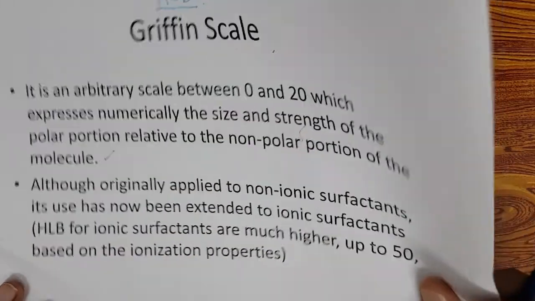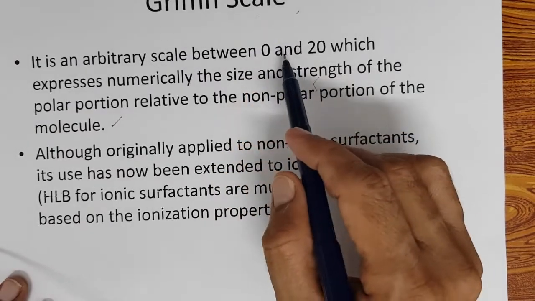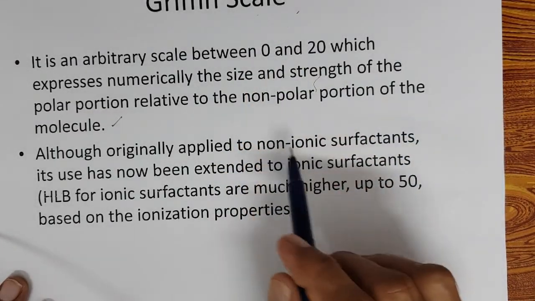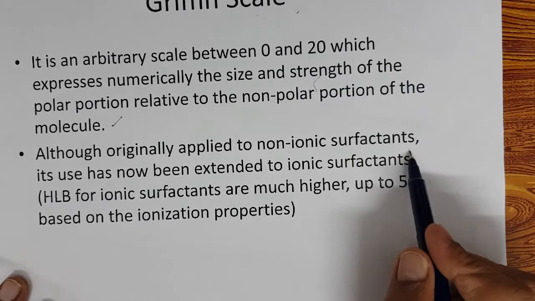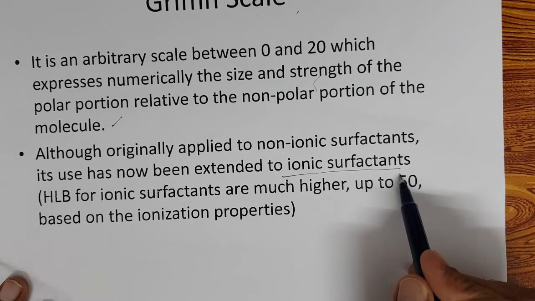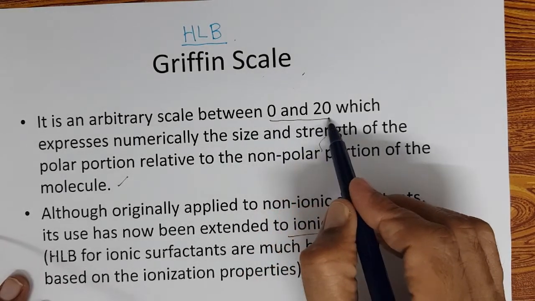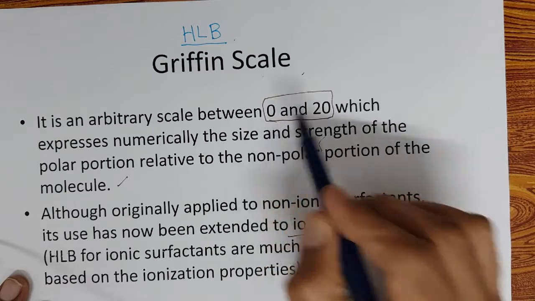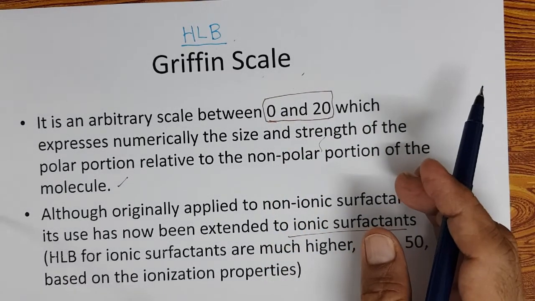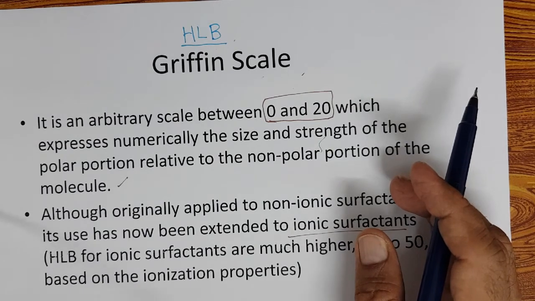Although originally Griffin applied this to only non-ionic surfactants, its use has now been extended to ionic surfactants also. That is why Griffin said 0 to 20. Most of the non-ionic emulsifiers are in this range of 2 to 20.